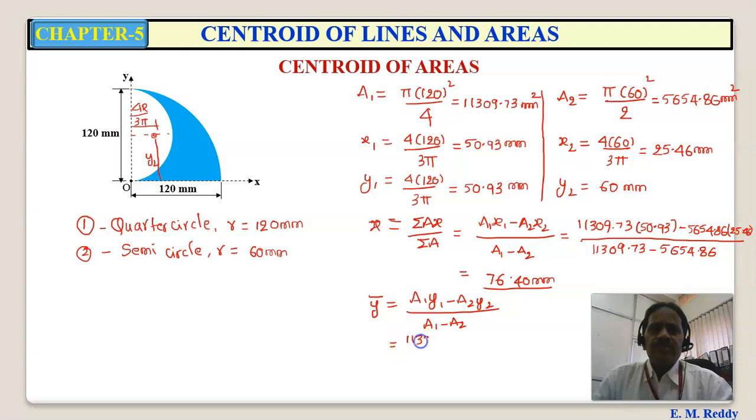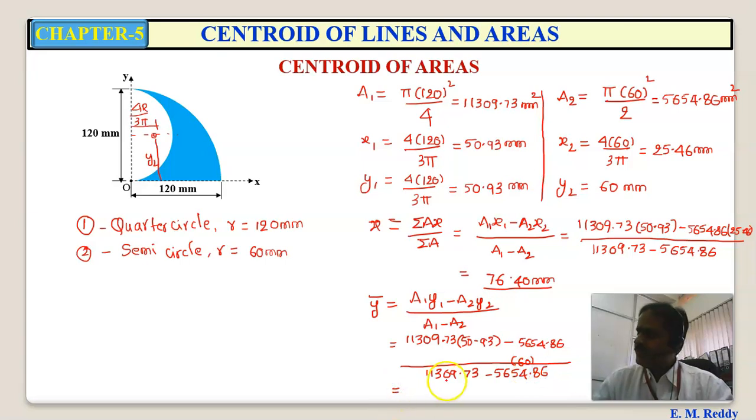So 11309.73 into 50.93 minus 5654.86 into Y2 is 60, divided by 11309.73 minus 5654.86.